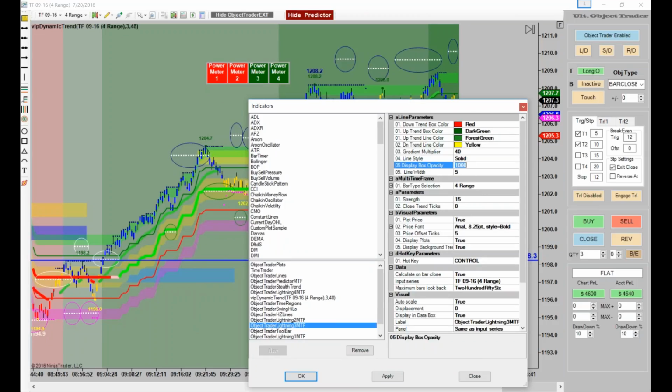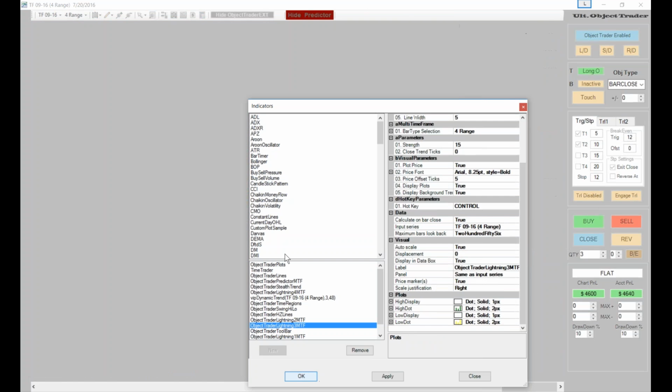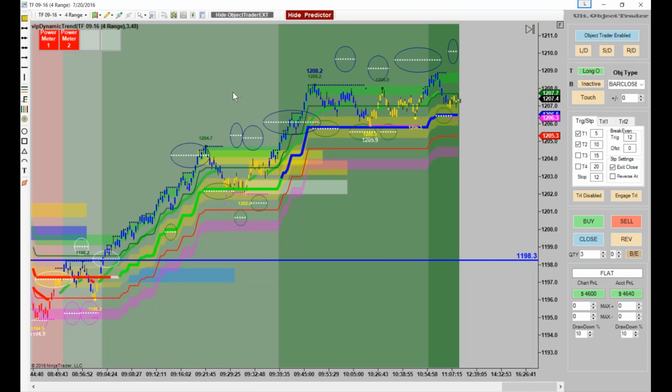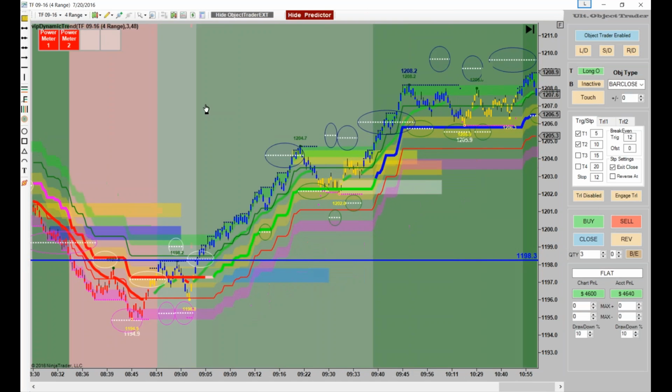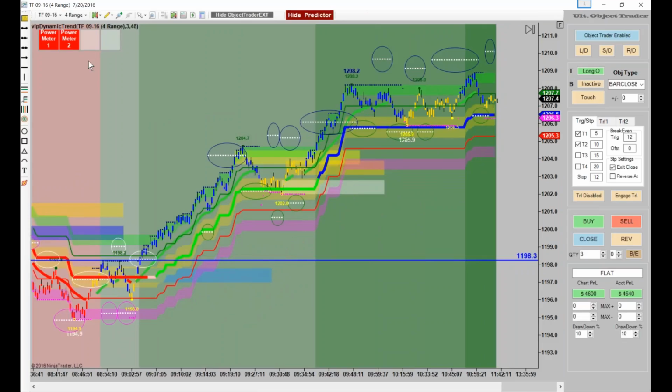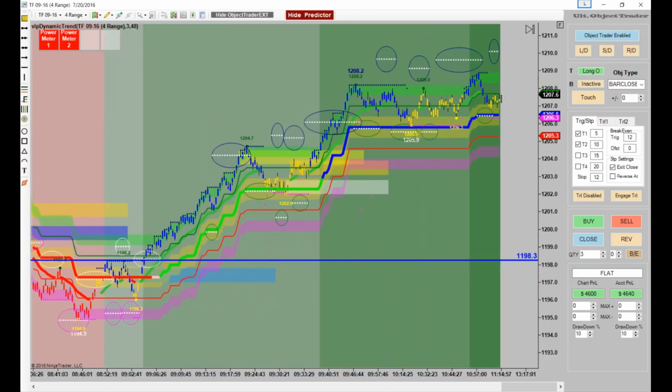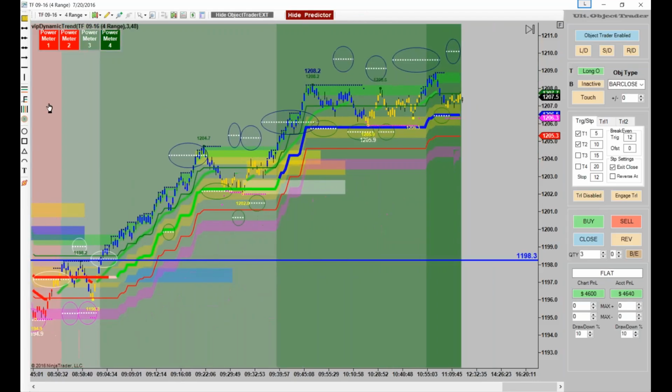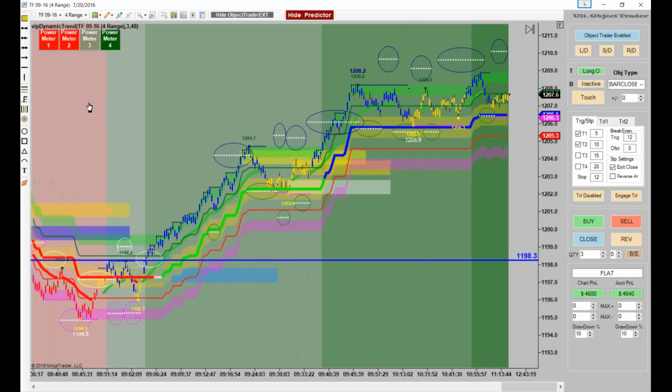Because if you take this down, to give an example, let's say I put that on like 20 instead, this is going to be a really light box. And you'll have to get a bar to close, unfortunately, for it to get that. Let me see if I can get it. As soon as we get a bar closed, we'll get that. There we go. See how light that is? And if you put it on different colors, see what it does?